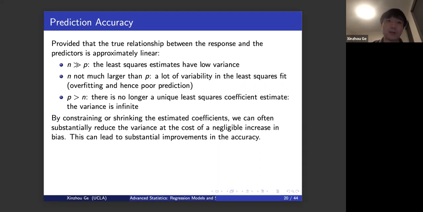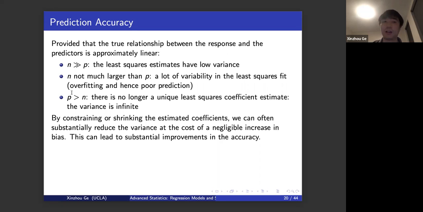But if we look at the third condition first, if p is greater than n, if we have more predictors compared to the number of samples, in this case, mathematically, there is no longer a unique least squares coefficient estimate.